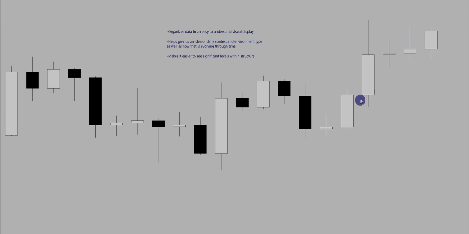Each one of these candles is a daily candle, so it's a single 24-hour session, and there are 4 data points on each candle. In the case of the candle upward, we have an open, a close, a high, and a low. In the case of a candle downward, same here. We have an open, a close, a high, and a low.